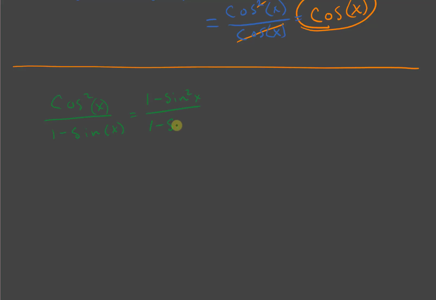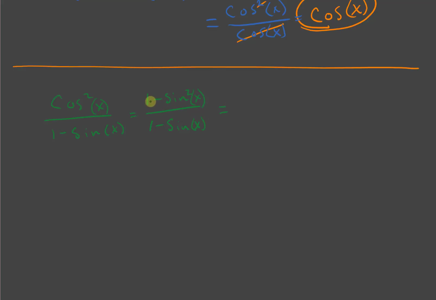Over 1 minus sine x. Well, it seems like maybe I'm stuck, but let's take a closer look at this numerator up here. 1 minus something squared. Well, 1 is a perfect square, and sine squared of x is also a perfect square. This is a difference of 2 squares, and we can factor that. We can't reduce it like this, but if we rewrite this numerator in factored form, then we can cancel something out, I think.